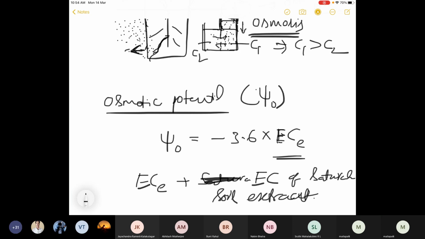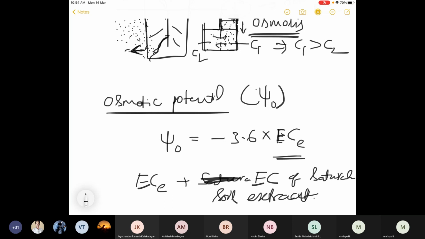So what is saturated soil extract? You take a soil sample, saturate it, and then find out the electrical conductivity of that. So you have to extract that water. We have a centrifuge. You take the soil sample, saturate it, put it in a beaker on the centrifuge, and run it for an hour.